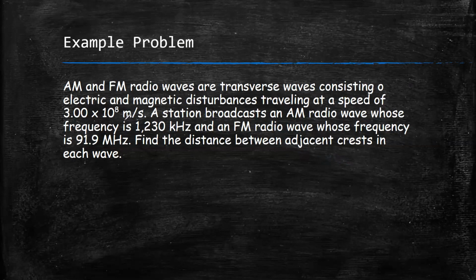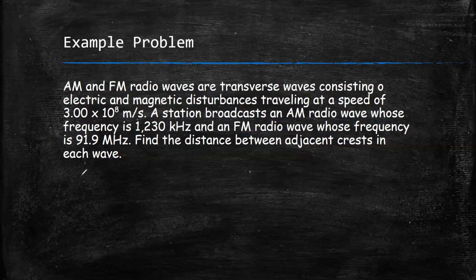A station broadcasts an AM radio wave whose frequency is 1230 kilohertz and an FM radio wave whose frequency is 91.9 megahertz. Find the distance between adjacent crests in each wave. So we are looking for the wavelength of AM and FM.